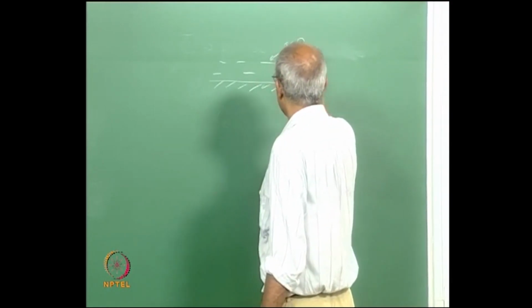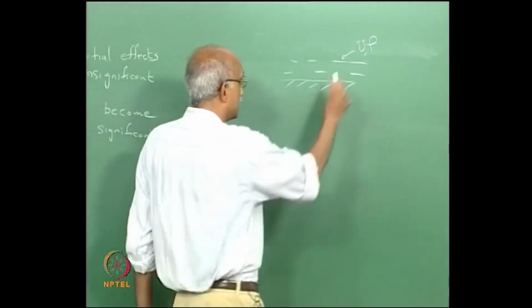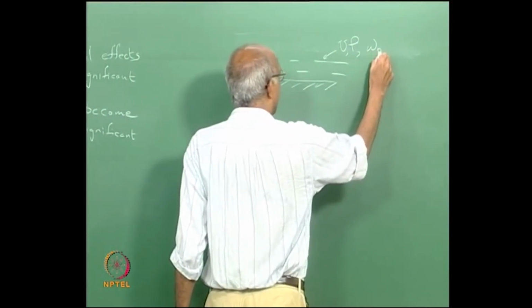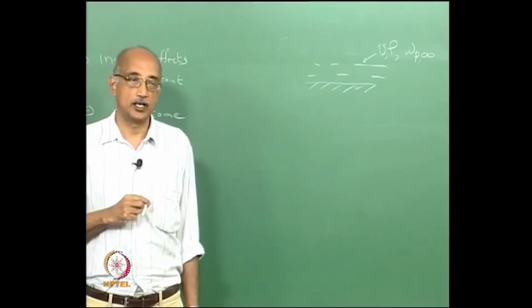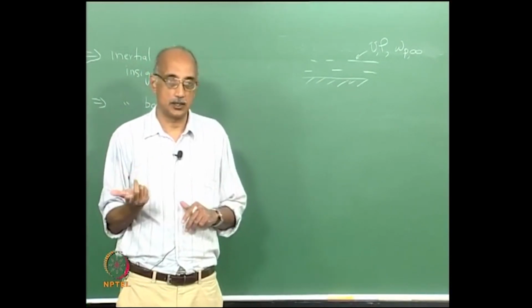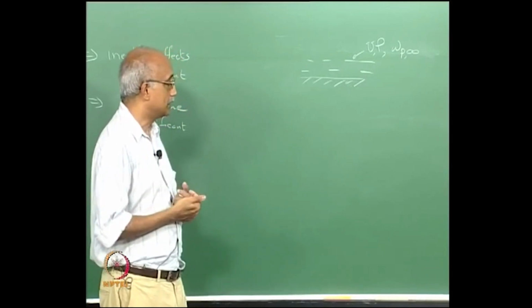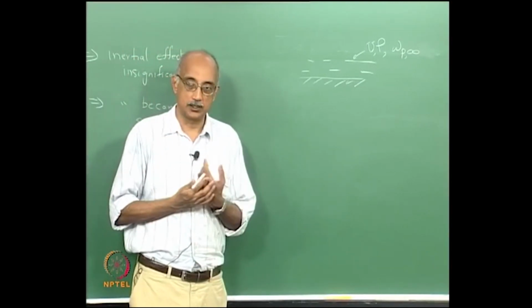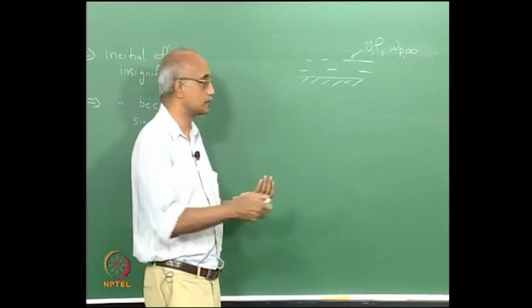Let us say the fluid has some density rho, and let us say that the particle mass fraction far away from the surface is some omega p infinity, where p stands for the particle phase and infinity stands for far away from the surface. Then you can actually estimate a flux of material across this surface.